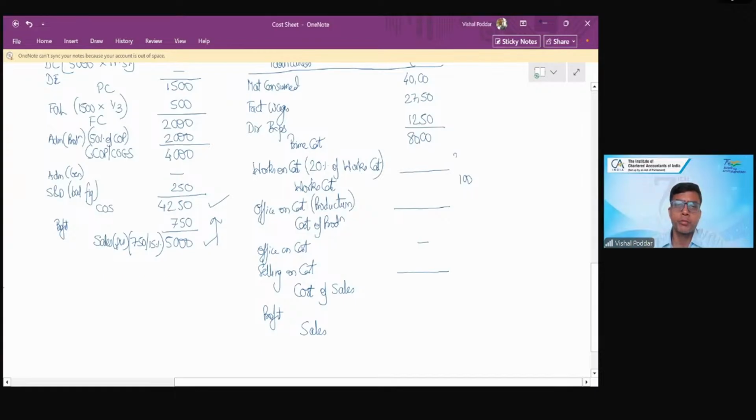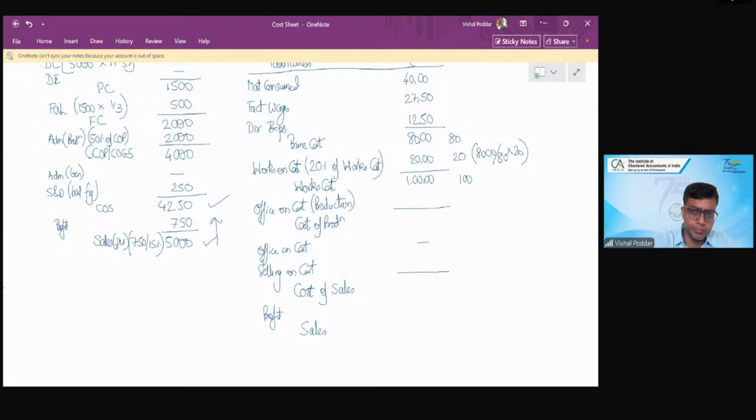So this becomes 20 because it is given as 20% of works cost. And by default, this balance is 80. So once you get this equation, then you can easily find out the answer. This is given, which is equivalent to 80. So how much is 20? So you get this, right?